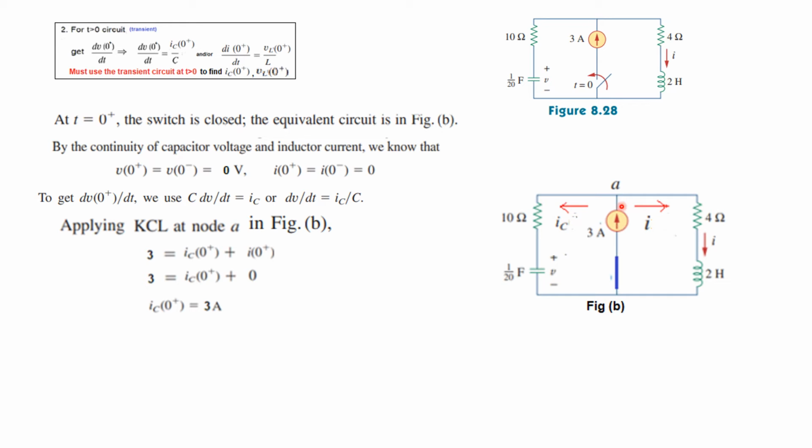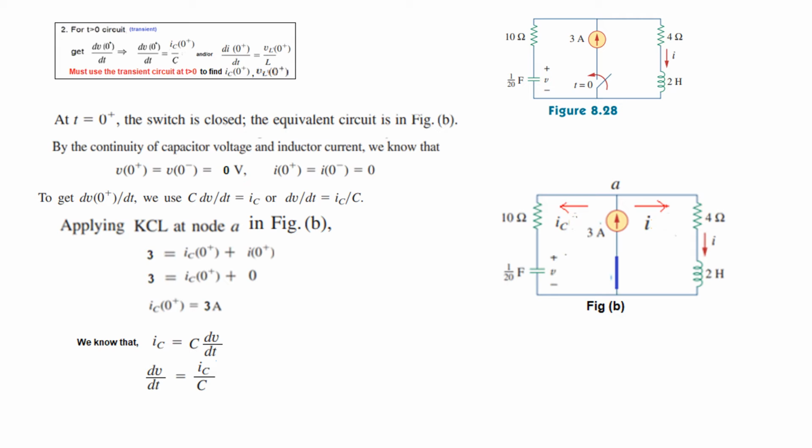The 3 ampere current divides into two branches, so 3 ampere is equal to IC0 plus plus I0 plus. Since I0 plus was 0, IC0 plus is 3 ampere.